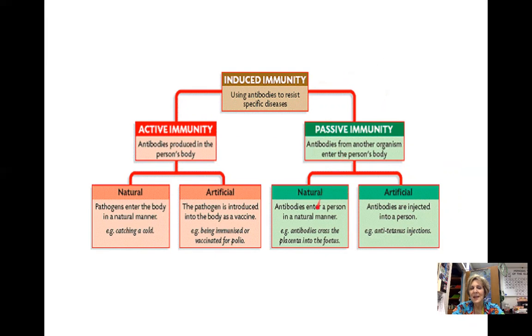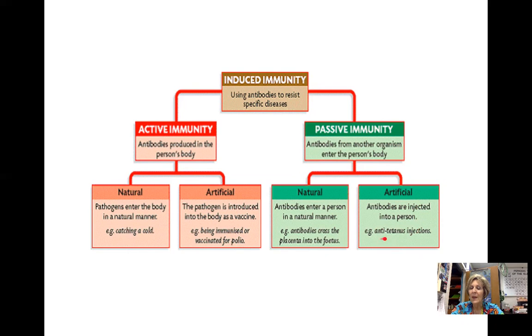So natural passive immunity would be an example like breastfeeding, when, as I just said, a mother passes on some antibodies through her milk to her baby. Also, antibodies can cross from the placenta into the fetus before birth. So that's an example of natural passive immunity. Artificial passive immunity is a way that you can take antibodies and inject them into another person.